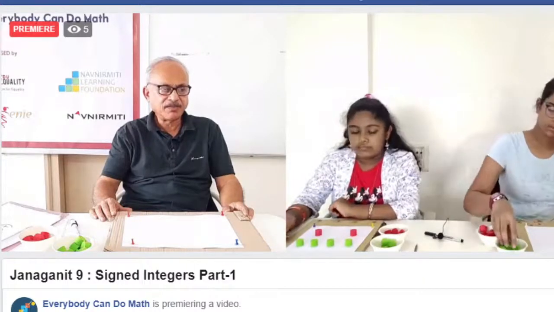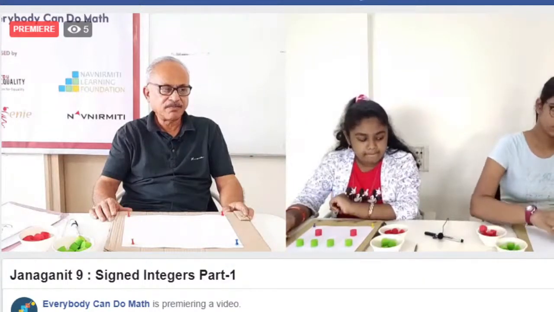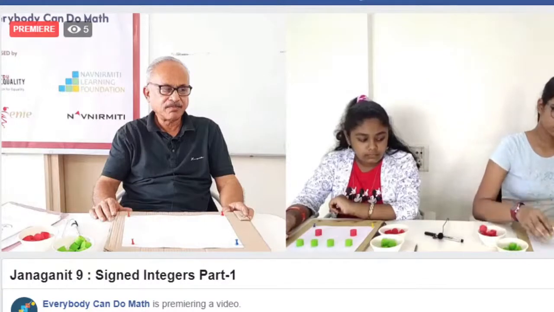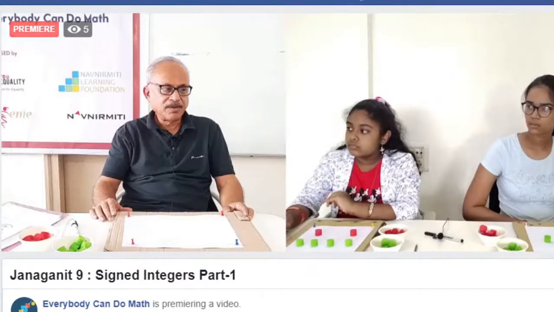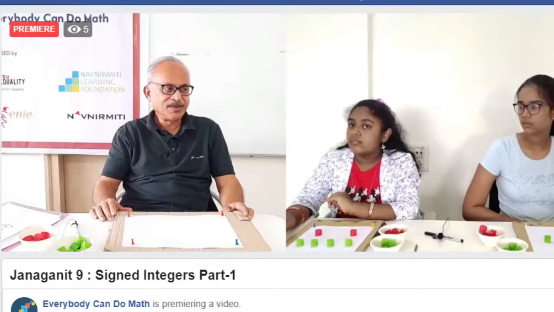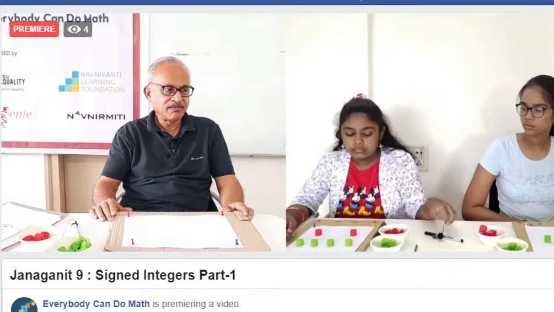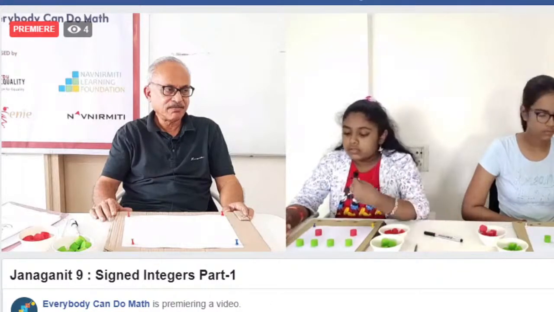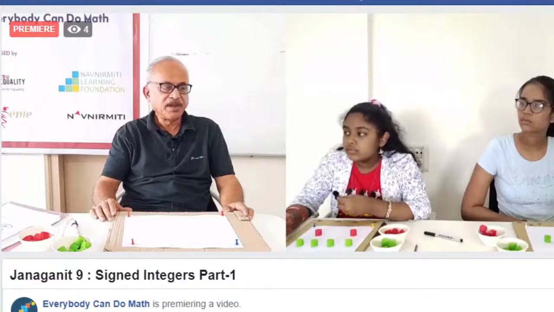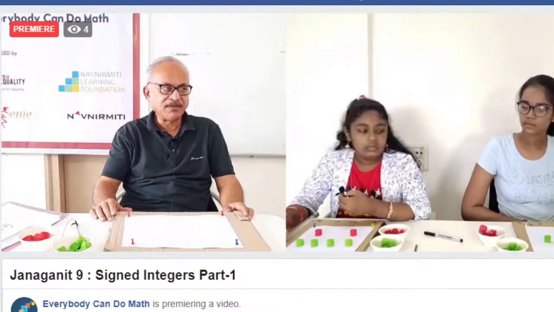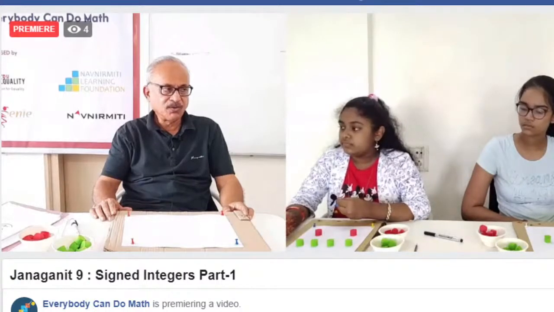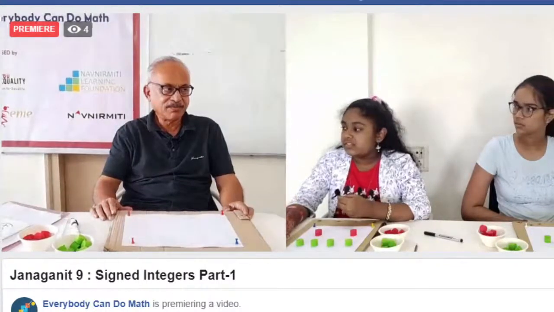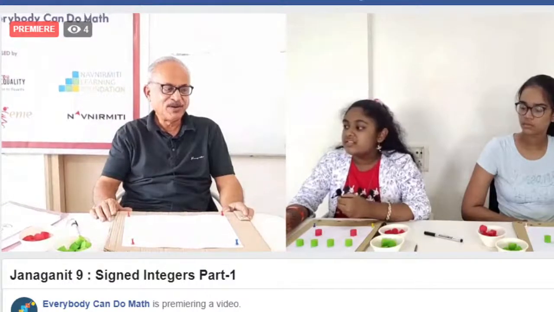And Nandita, you take 3 green plugs. Now, Gyan Jyoti, how much money do you have in your account? 2 rupees. And how much money does Nandita have in her account? 3 rupees.